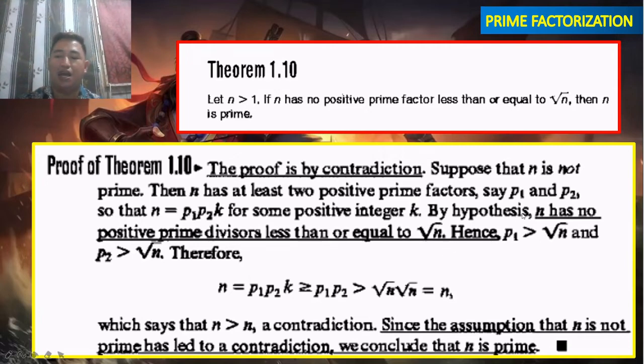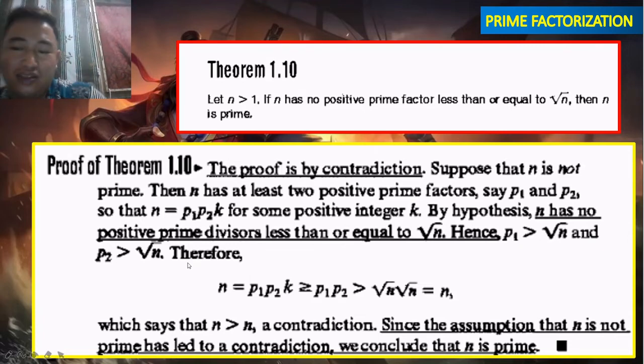Hence, p1 is greater than the square root of n, and p2 must be greater than the square root of n.